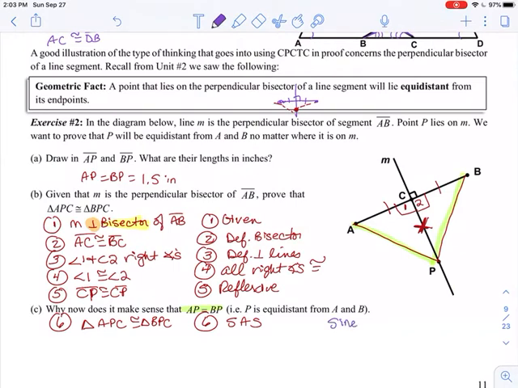So if you think about it, since the triangles are congruent, then all the corresponding parts are congruent, which is what I just said a minute ago. So since the triangles are congruent, the rest of those corresponding sides and angles, we call them corresponding parts. So since the triangles are congruent, then all the corresponding parts are congruent.